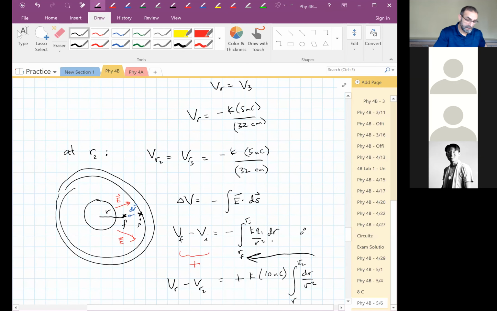Oh, really? I always thought it's initial to final. Yeah, so the cosine 180 takes into account how you're moving with respect to the field, and you always put the smaller number at the lower end of your integral sign and the bigger number at the top.